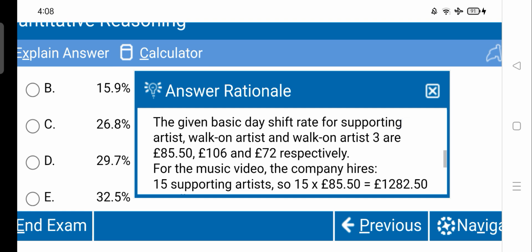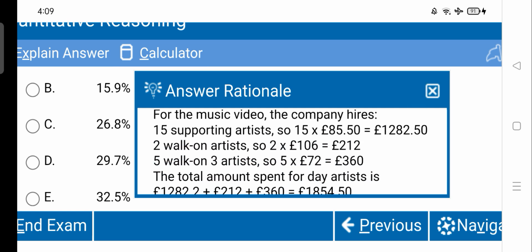The given basic day shift rates for supporting artist, walk-on artist and walk-on artist 3 are 85.50 pounds, 106 pounds and 72 pounds respectively. So for the music video, the company hires 15 supporting artists. So 15 into 85.50 pounds equals 1282.50 pounds.